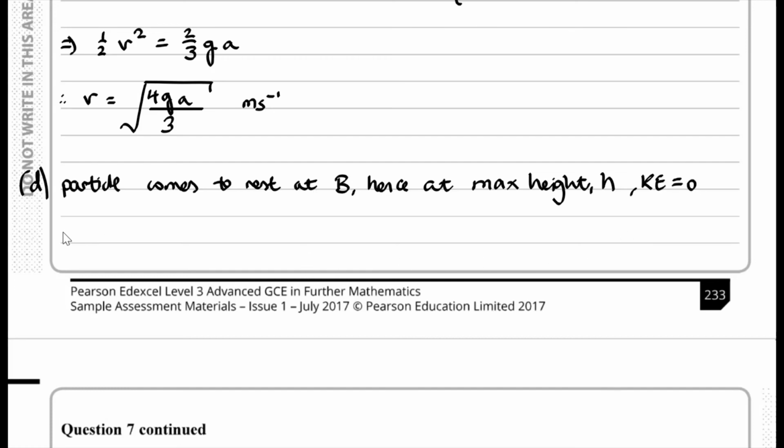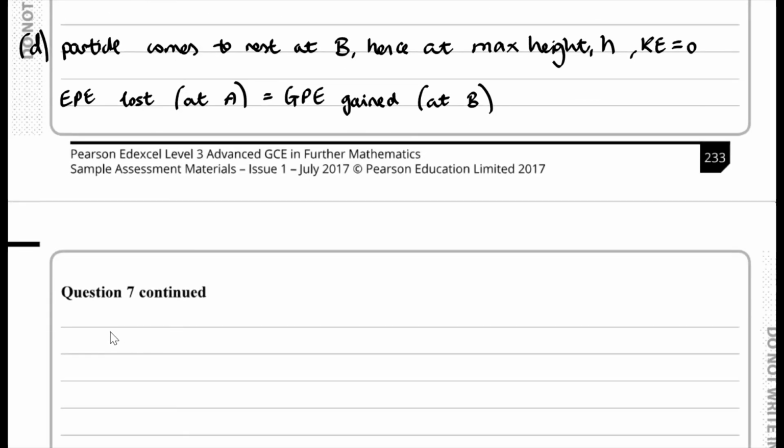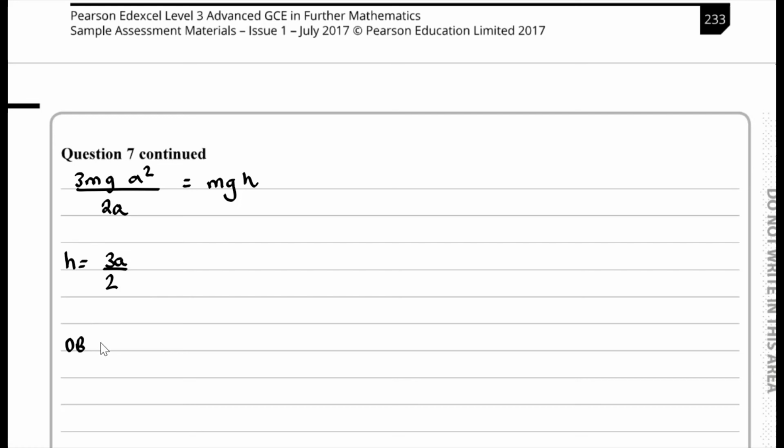We just discussed that, and therefore the elastic potential energy that we've lost from the point A is equal to the gravitational potential energy that we've gained at B. Hence the elastic potential energy at A, if we use what we have over here, that's 3 mg A squared over 2A, and then this is equal to mgh, and therefore hopefully you can recognize that h is equal to 3A over 2, and therefore the length OB, you'd find this to equal 2A minus 3A over 2. Of course OB is equal to A over 2.